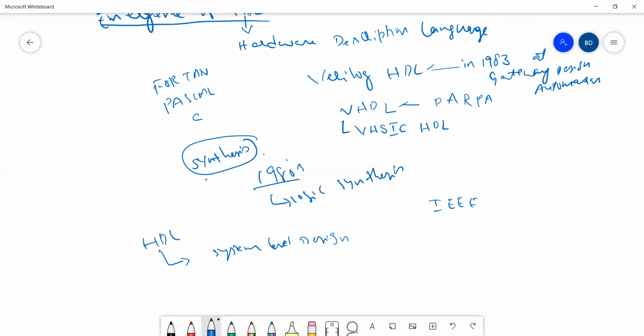In 1995, the original standard IEEE 1364-1995 was approved. Later it was revised in 2001, which made significant improvements to the standard Verilog HDL. So these are the things related to the evolution of CAD tools as well as the emergence of HDL.